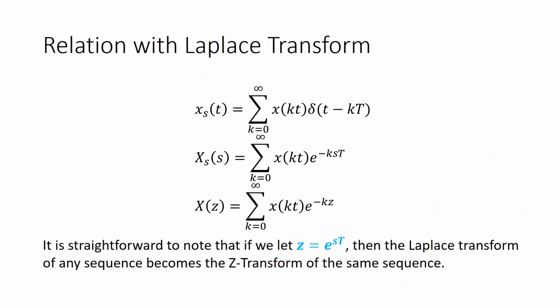It is straightforward to note that if you let z equal e to the power sT, then the Laplace transform of any sequence becomes the z transform of the same sequence. This is already highlighted in the last slide also.